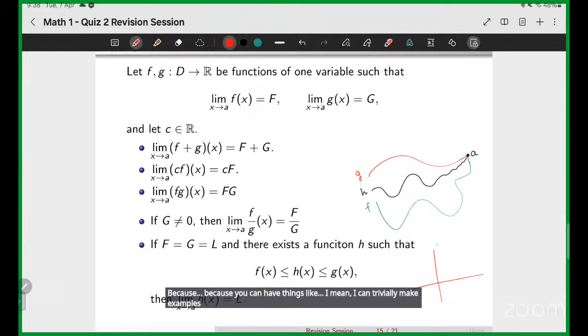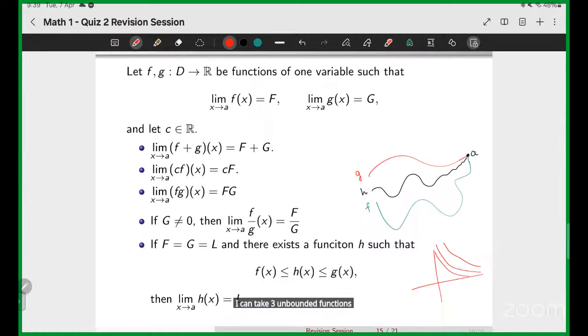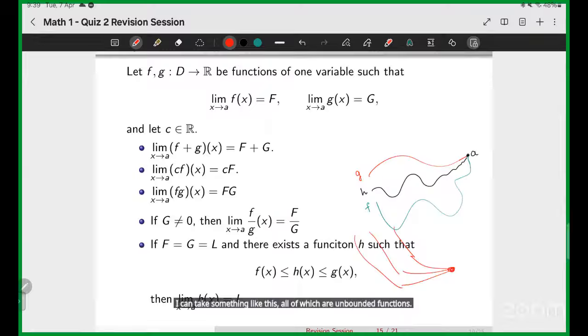I can take three unbounded functions and look at some point over here.